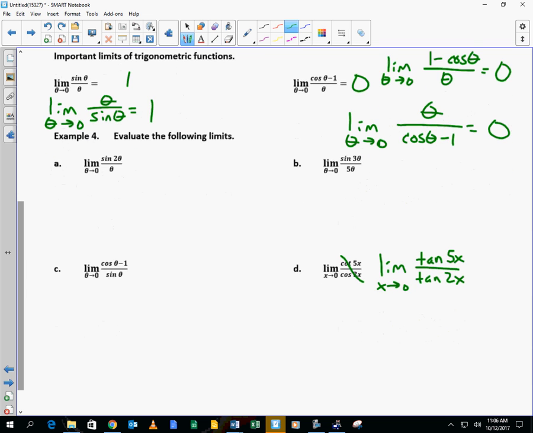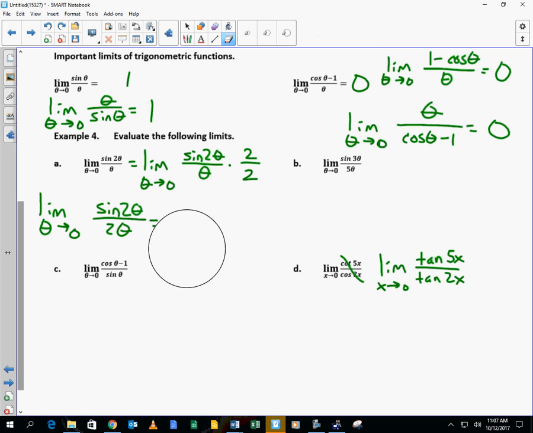So what I'm going to do is this. I'm going to rewrite this as the limit as theta goes to 0 of sine of 2 theta over theta, and I'm going to multiply by 2 over 2. You okay with that? Limit as theta goes to 0. Now, I'm going to put this 2 over by the theta. So what do I have left then if I put that 2 over there?